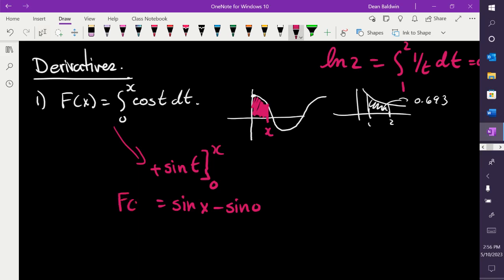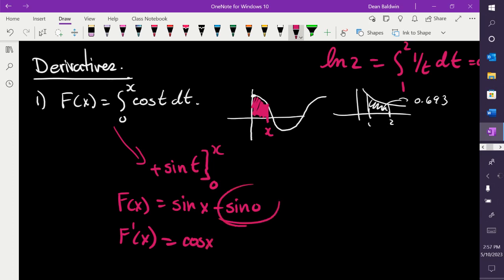This is f of x. I've just evaluated the integral, and it gives me this. Now, I want to know what f prime is. So I take the derivative. What's the derivative of the sine function? Cosine function. What's the derivative of this? It's 0.